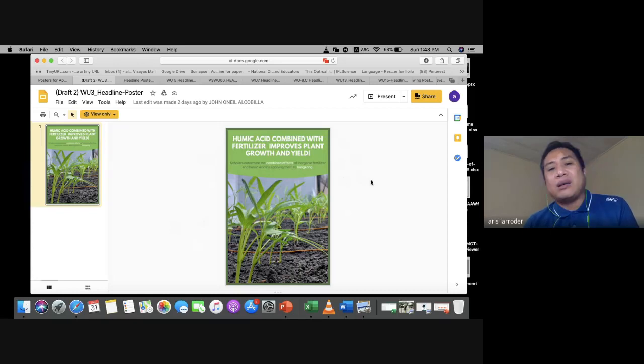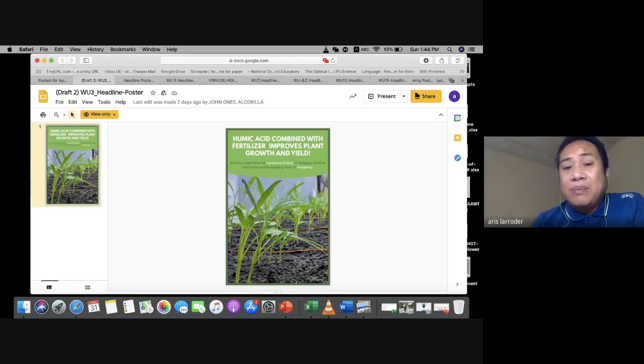Yeah, combine effects. I don't, probably one can recall what should be really highlighted in the byline of the headline text. Humic acid combined with fertilizer improves plant growth and yield.